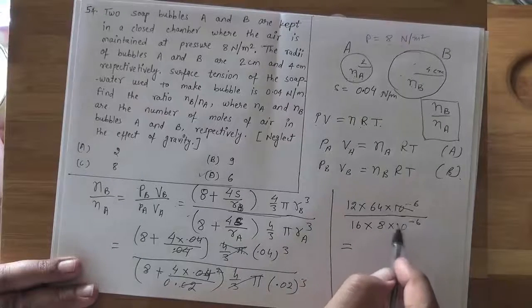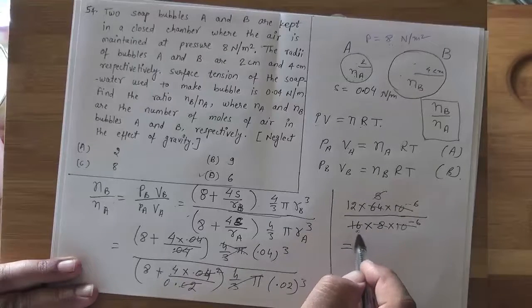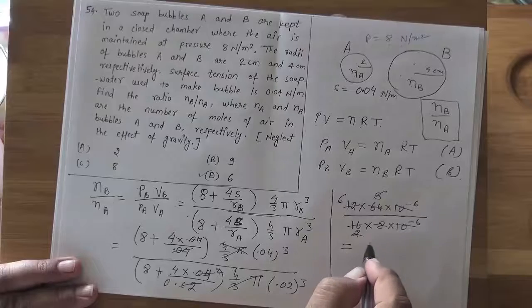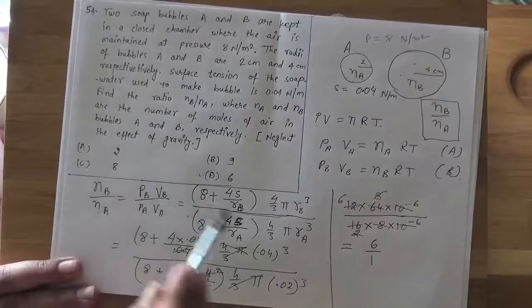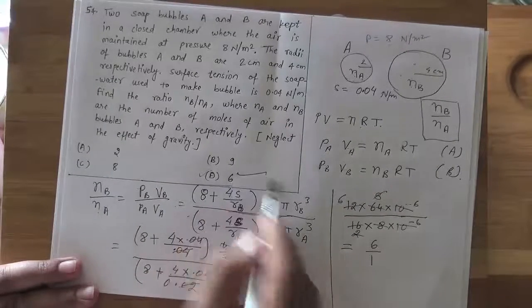This is again cancelled. 8 8s are 64, 8 2s are 16, and 2 6s are 12. After all the cancellation, it comes to 6 by 1. N_B upon N_A comes to 6 upon 1, and this is our answer, 6.